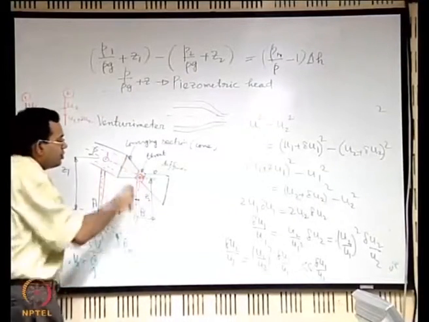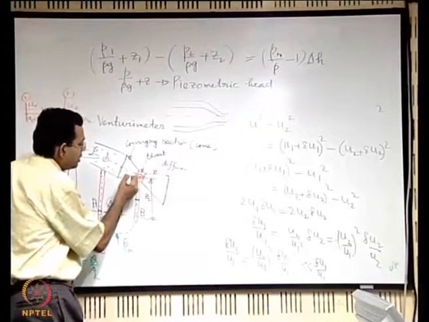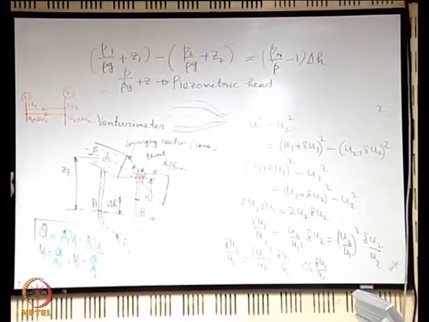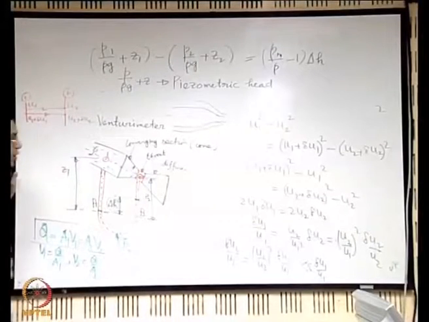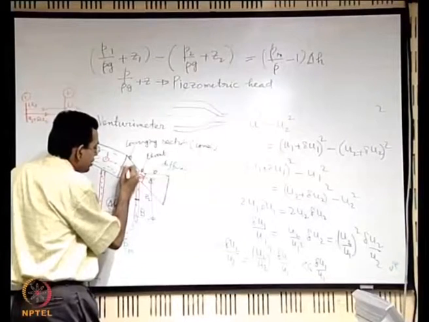How do you reduce that? One way is to have this cone angle quite large, so that it converges quickly to a small section. In practice this angle is typically kept at 20 degrees or so.